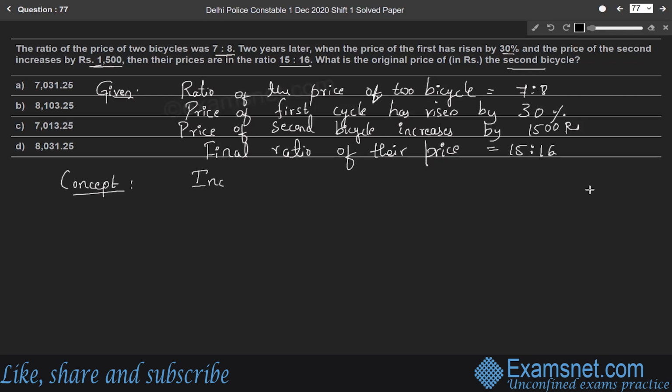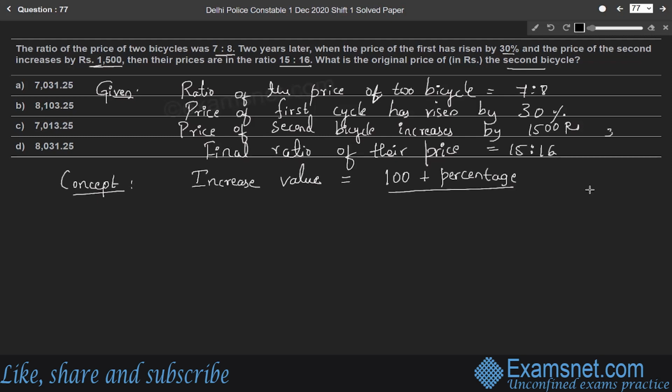Here we are using the concept that the increased value is equal to (100 plus percentage) by 100 into the initial value, where the price has risen by 30% or any value.